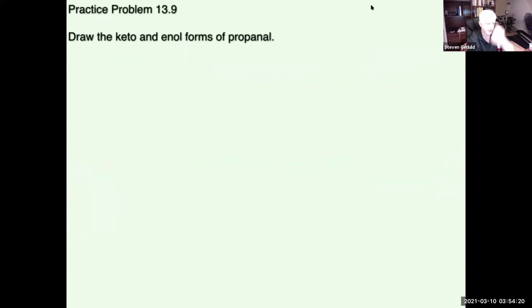Okay, draw the keto and enol forms of propanal. Propanal is 3 carbons. AL ending is an aldehyde, right? So propanal is CH3, CH2, C double bond O, H. And this is the keto form.